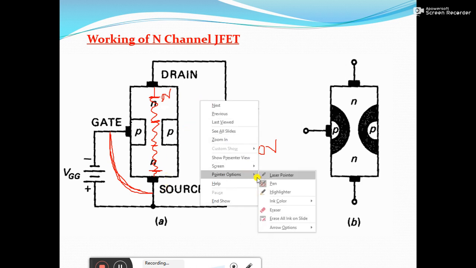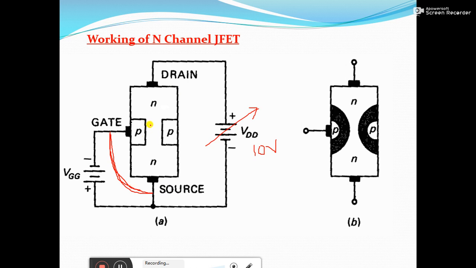So whenever the voltage is divided in this fashion, no doubt the depletion region will form, but it protrudes more towards the drain than the source. You will get a depletion region like this.